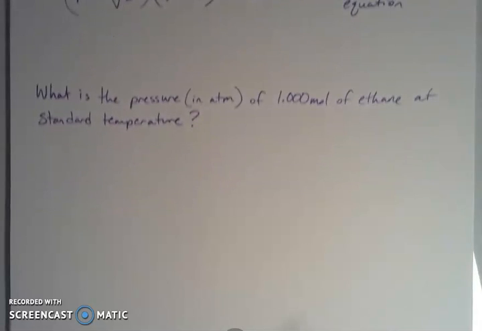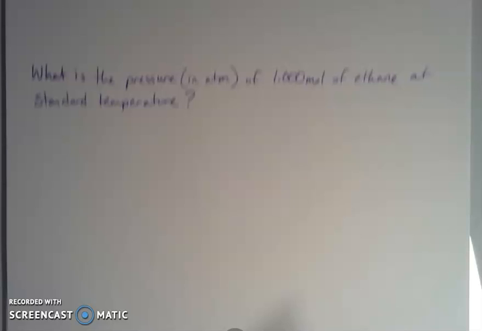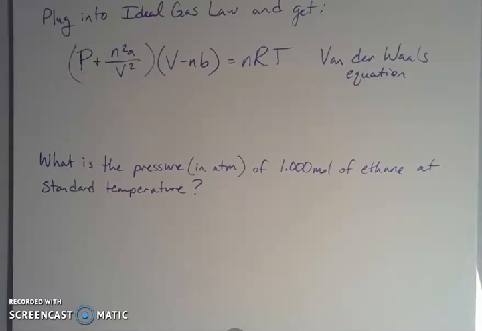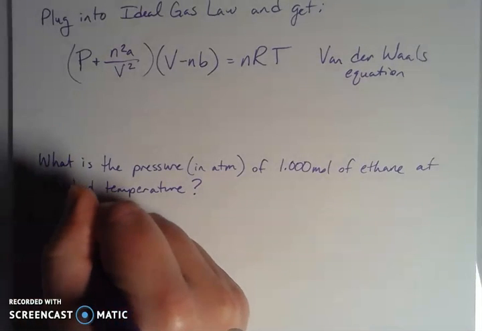So we can use this then to solve problems that look like this. The question is, what is the pressure in atmospheres for 1 mole of ethane at standard temperature? So what do I know? I know that my n is equal to 1 mole.